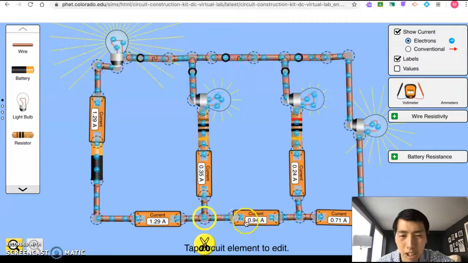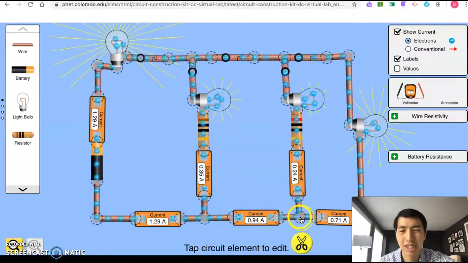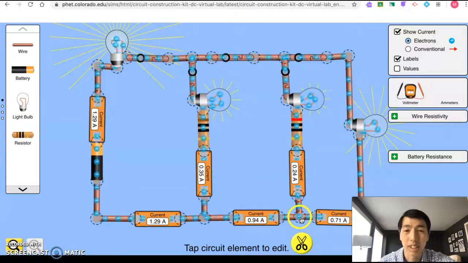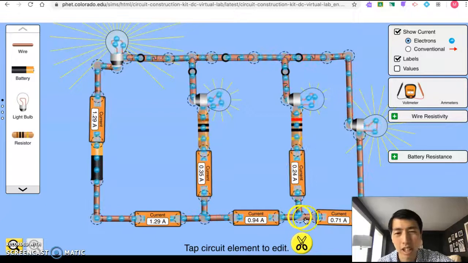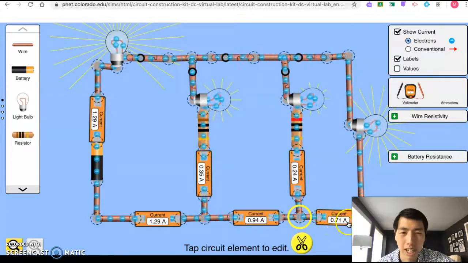Now I'm going to follow this path, 0.94 amps. It goes to the right and reaches this next junction. So same thing. I've got 0.94 amps flowing into this junction. And flowing out of this junction, I've got two directions. I've got one going up, where I see 0.24 amps. And I've got one flowing to the right, where I see 0.71 amps.